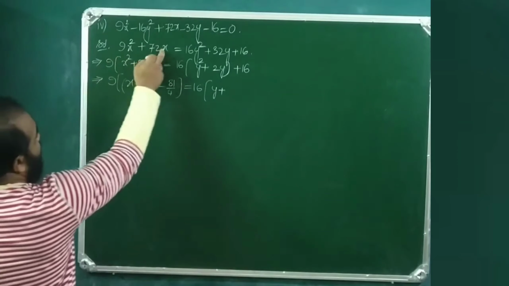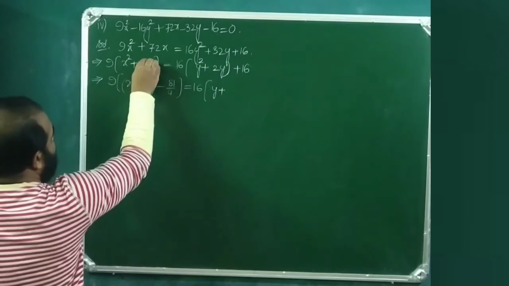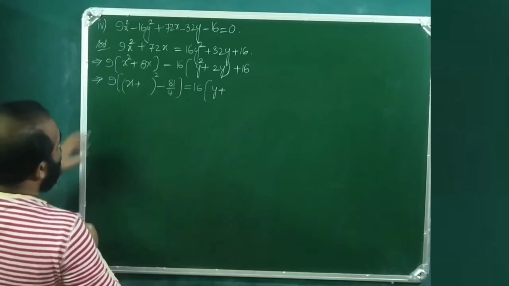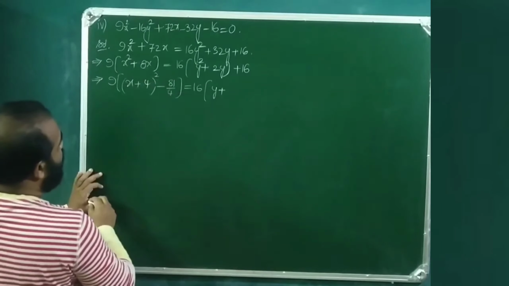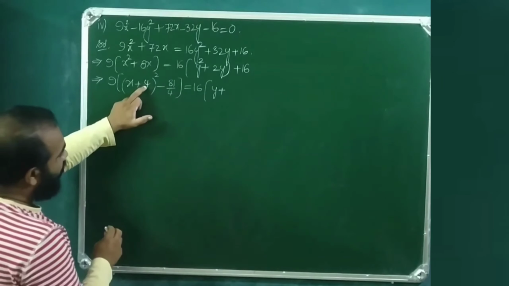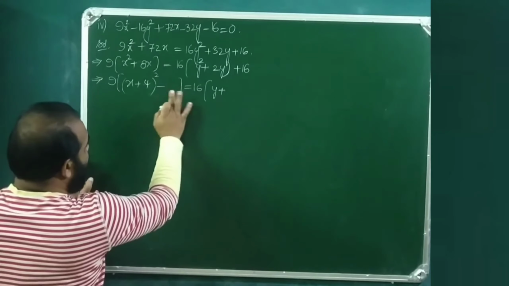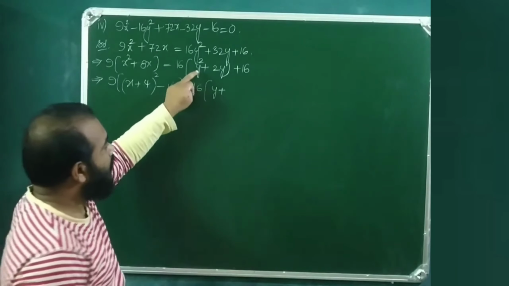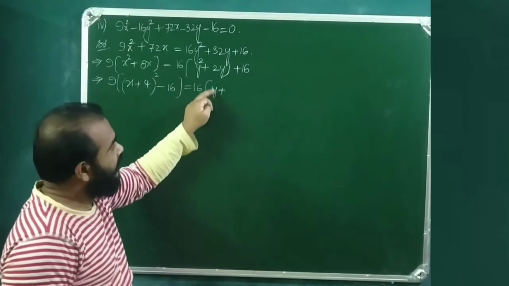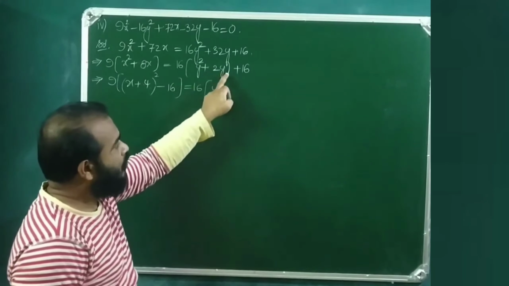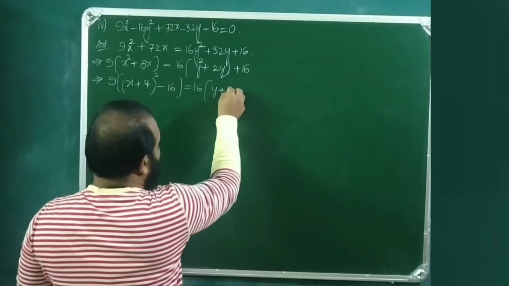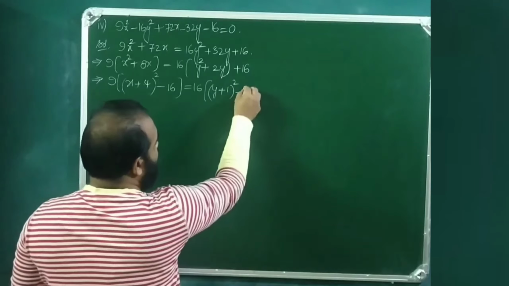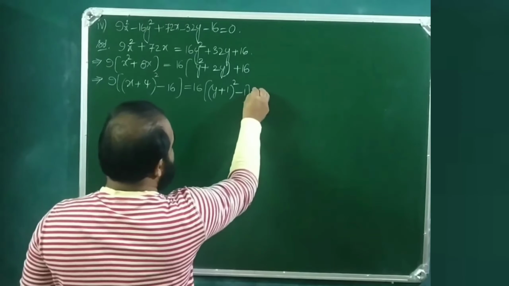Sorry, 9 eights are 72, right? So half of it is 4, whole square, and 4 square is 16. Now come to y square: I have written y plus the same, the y coefficient 2, half of it, 2 by 2 is 1. Complete the square: minus 1 square is 1, plus 16.